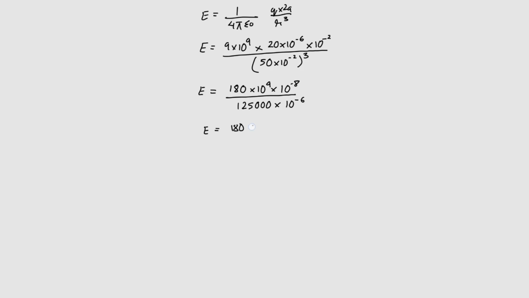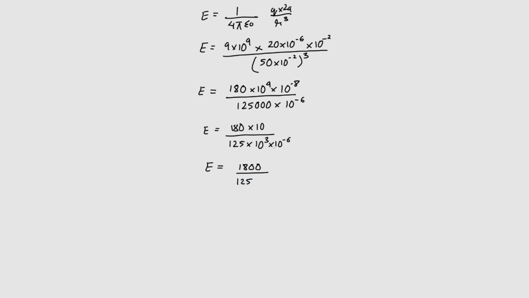Now combine them: into 10 to the power 1, which is 10, divided by 125 into 10 to the power 3 into 10 to the power minus 6. So E is equal to 1800 divided by 125.